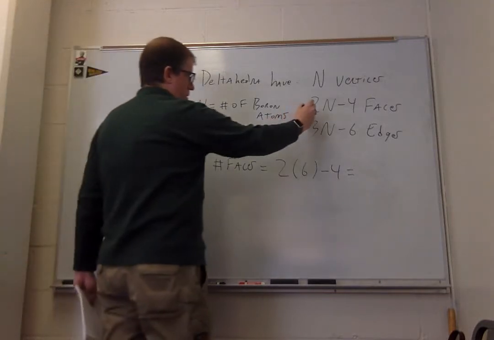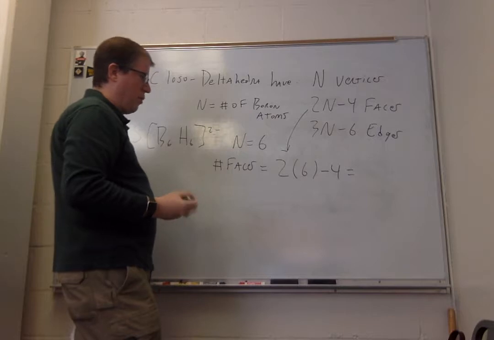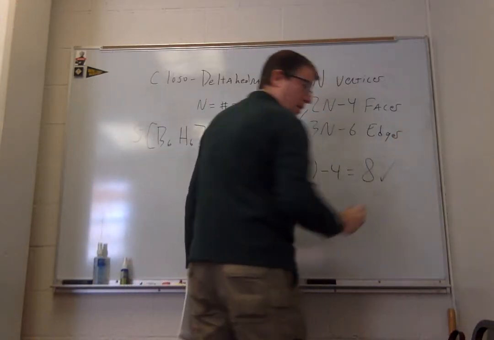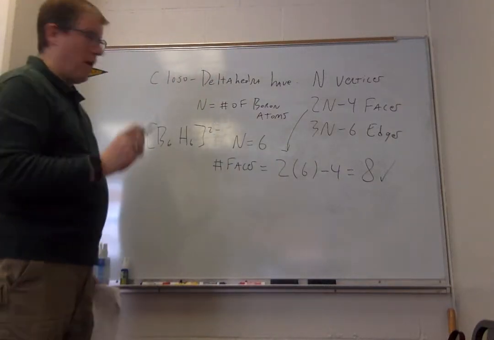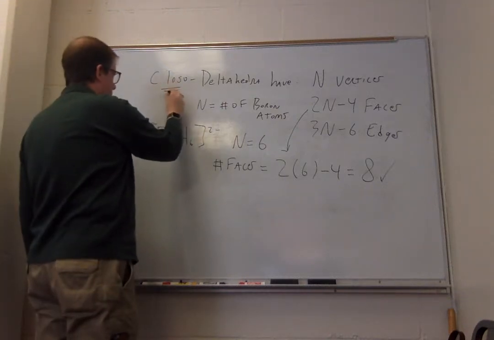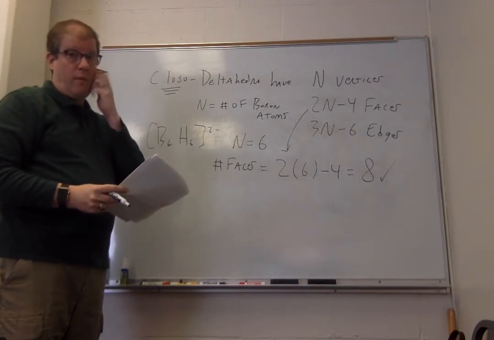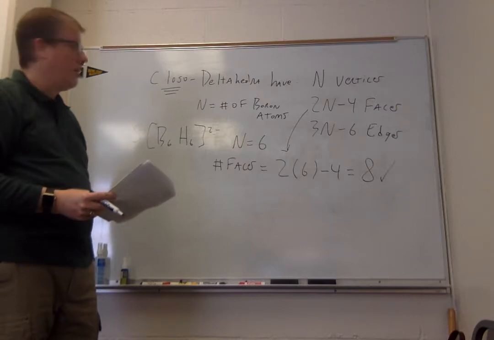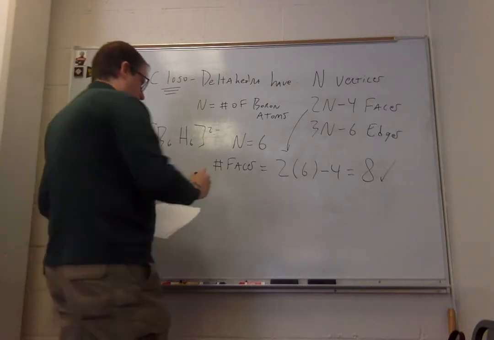Applying this formula, I get 12 minus 4, or 8 faces. So yeah, it does work. And in fact, it'll work every time, as long as you remember: closo only. You cannot apply this to nido or arachno structures, and we'll see what those are in due course. But it works. Hey, that's good.